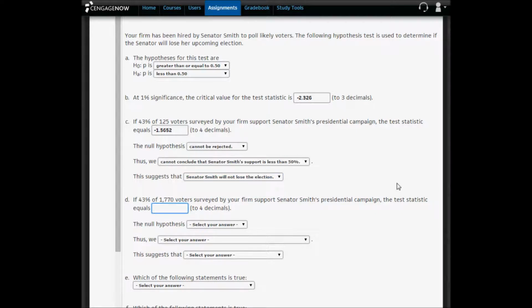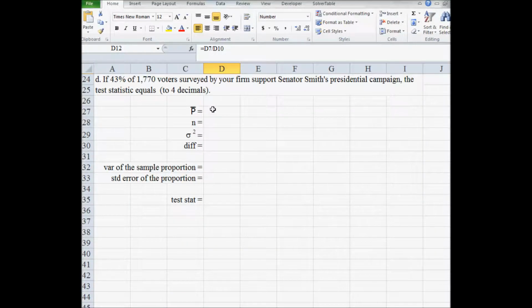The problem in part D is identical to that of C, except now we have a sample of over 1,500 voters. So we're going to redo what we did in part C, but with a sample size that is much, much larger. I've already copied all the numbers and part D's problem statement into Excel.